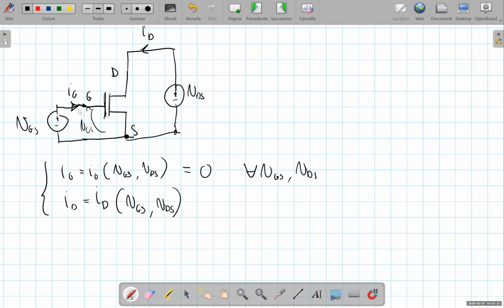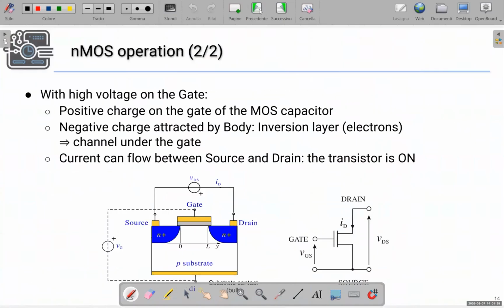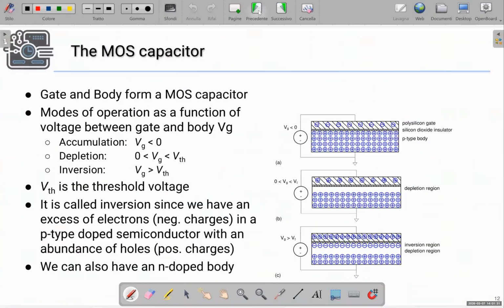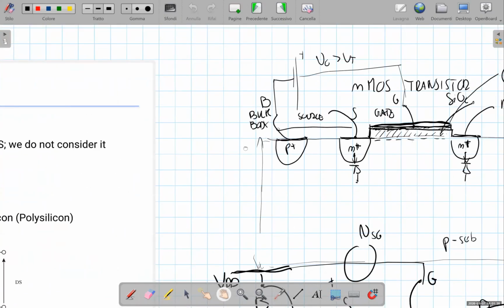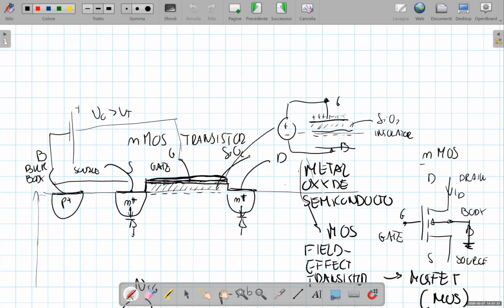Actually, since this structure, as we have discussed before, behaves as a capacitance, if we go back to our physical picture, we consider the top view of this structure.